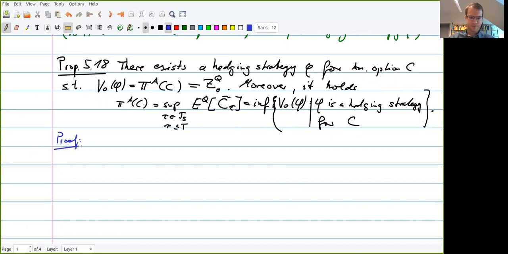Okay, so the proof is basically plugging in everything we learned in the last lectures. This is just combining the results we know.